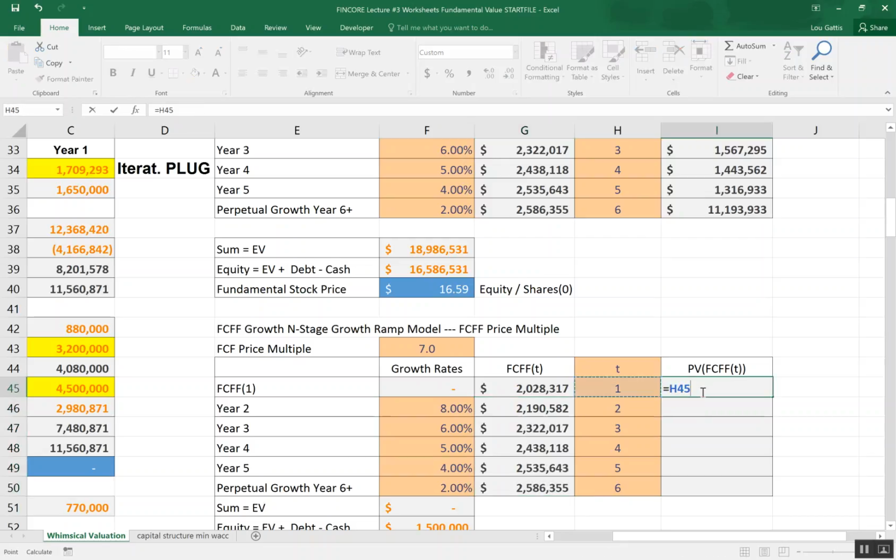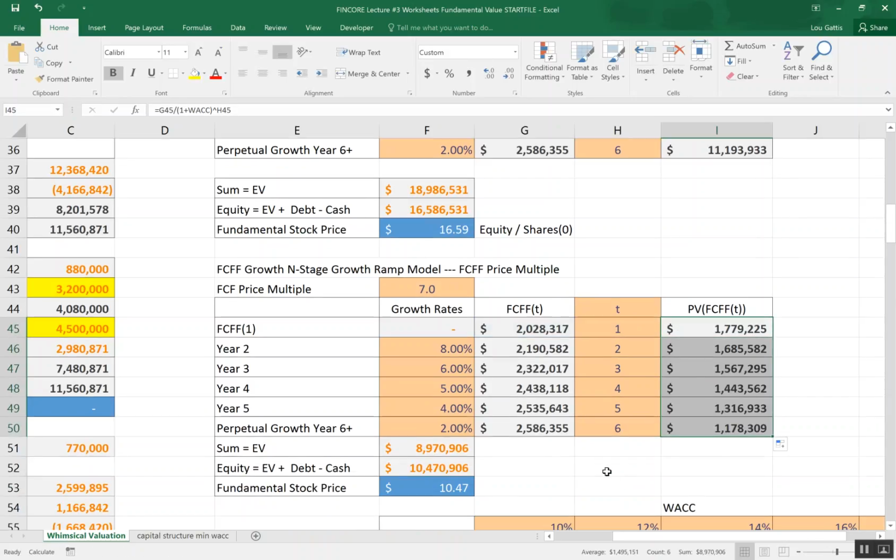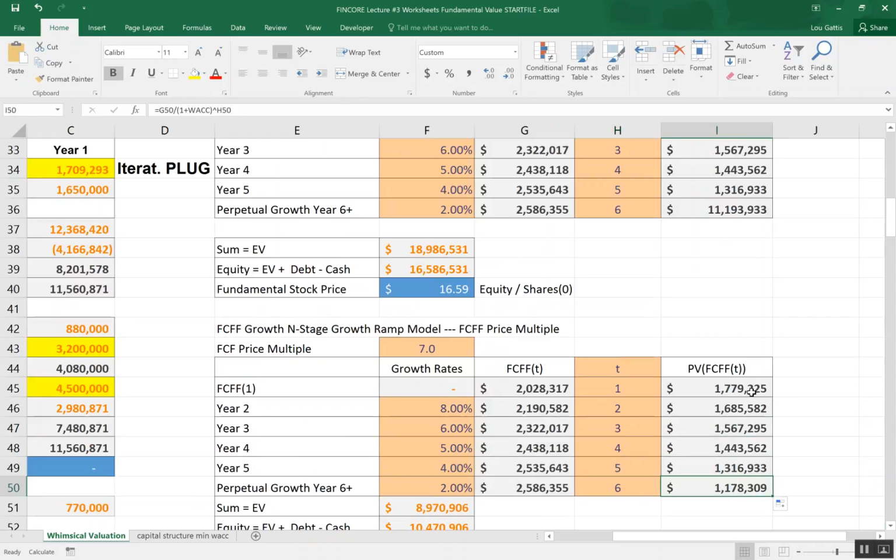And then I'm going to take the present value of cash flows, divided by 1 plus WACC to the 1 power. Copy that down. So it looks like the same model so far, except the only difference is this one cell we're going to change.